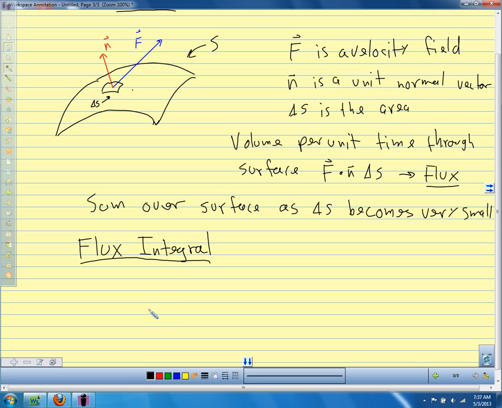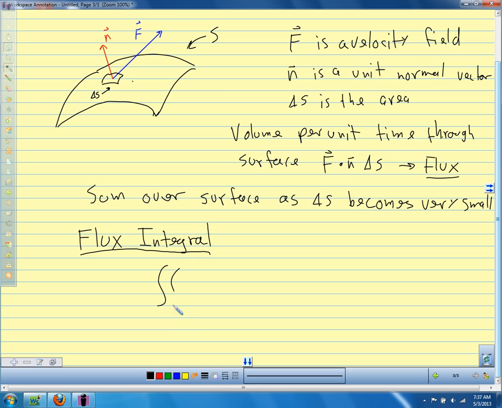And we're going to define that as the double integral over our surface of F dot n dS. And we call this the flux of F across S. So this is what our double integral, or our surface integral, of a vector field is going to be.